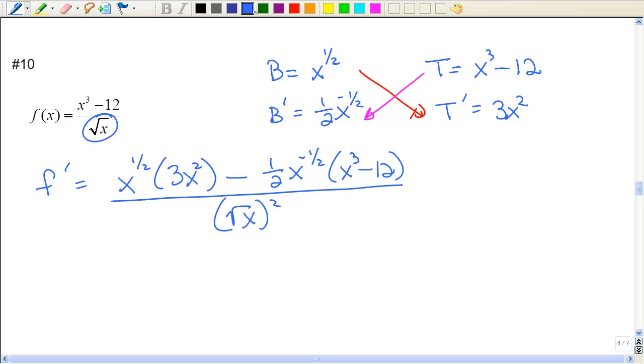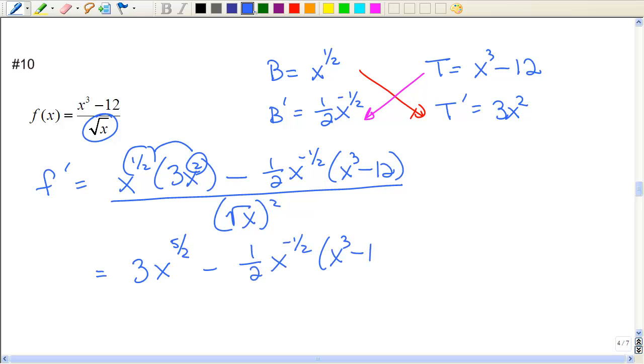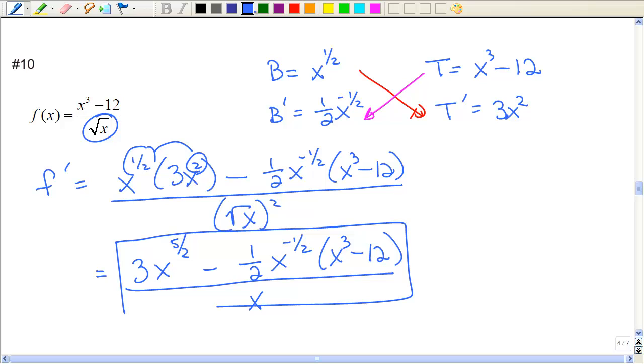Now I think we could clean that up just a little bit because we know that's going to be just x. Let's see if we can combine these exponents. Remember, you keep the base and add, so that would be 5/2. I certainly could do a lot more algebra, but then I'm going to take that square root of x and square it. I'm going to leave my answer like that. Pretty ugly, but certainly can be left like that.